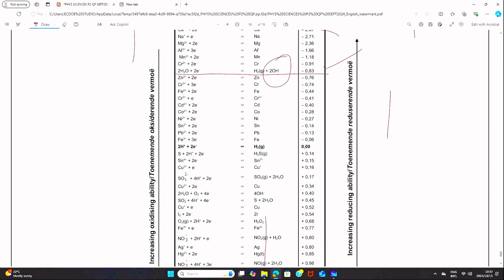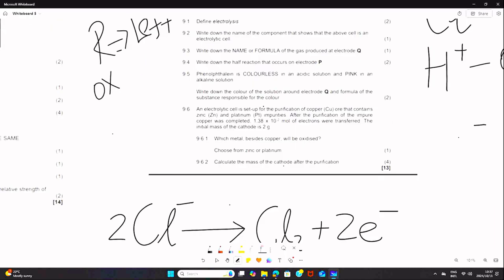So if hydroxide ions are being released in electrode Q, this means that it is now basic. So what is the substance responsible for the color? You have to be able to say it's the hydroxide ions that are released at the cathode.